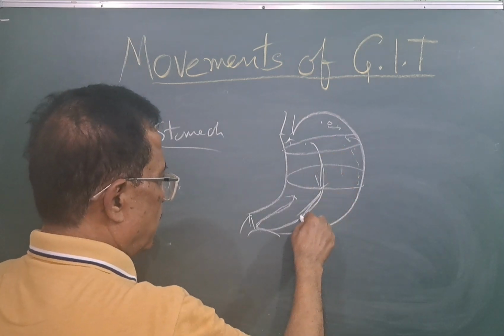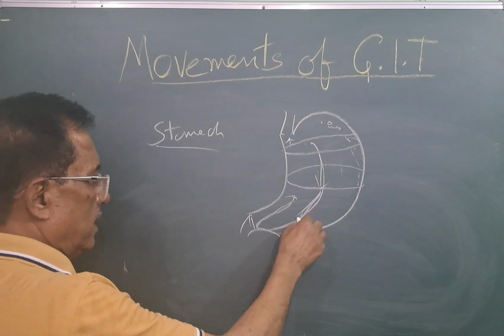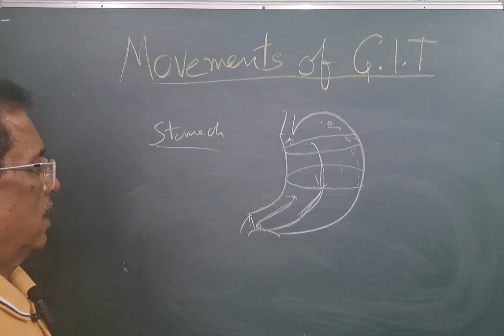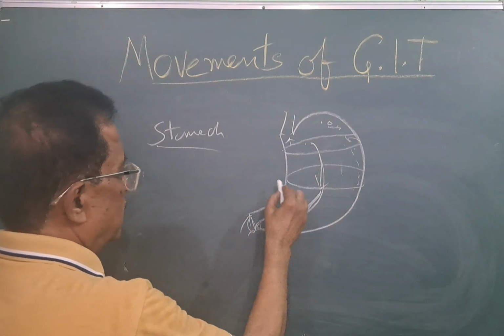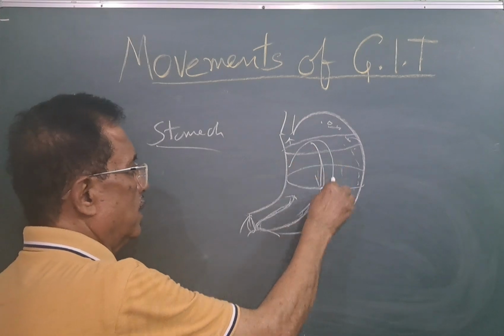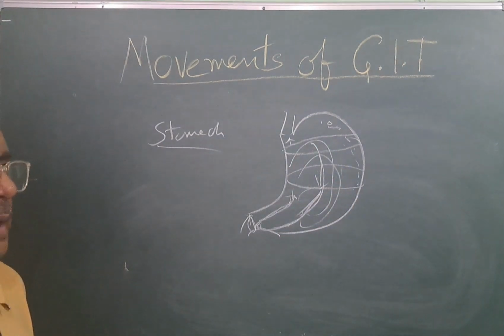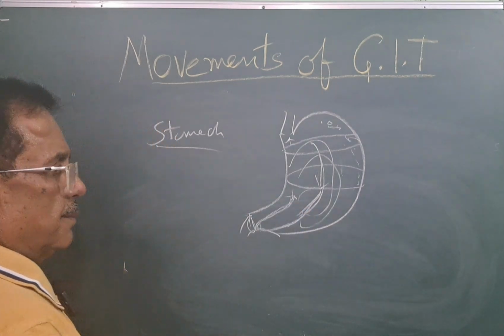This will propel the food material and mix it with acid and other enzymes. As the pyloric end is closed, the food goes into the upper part and then again returns, and in this way the cycle goes on. This is retropulsion for mixing.